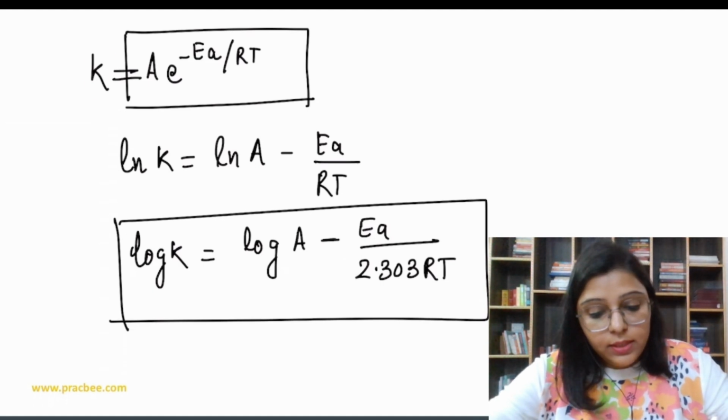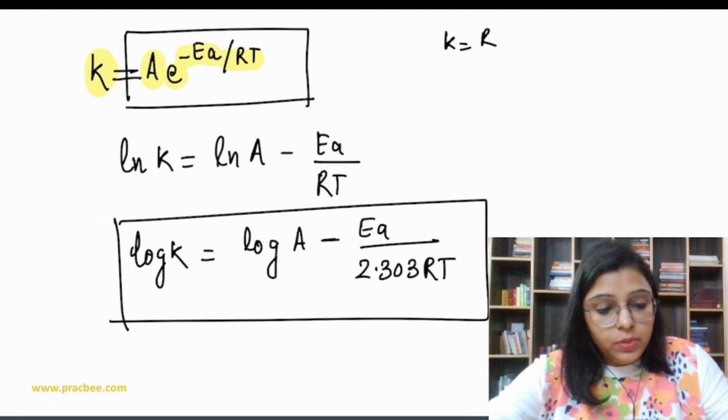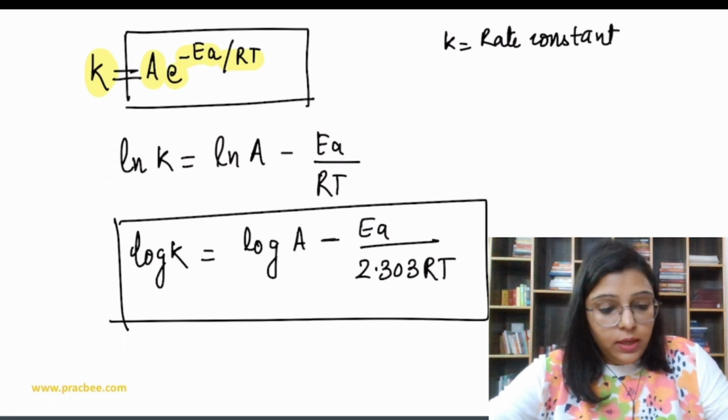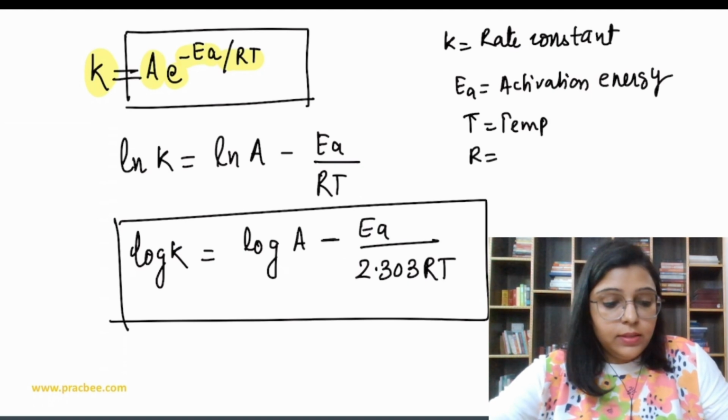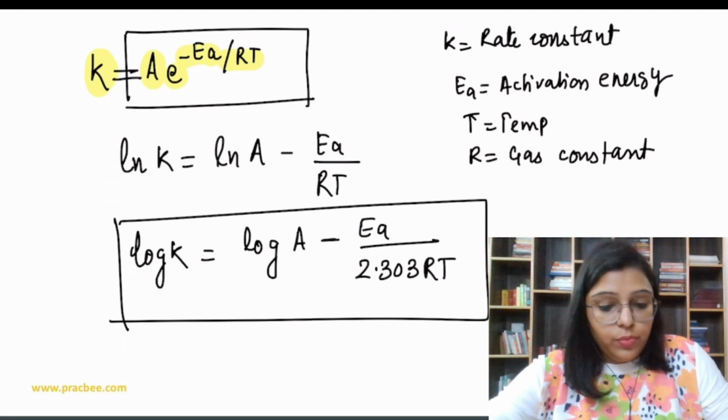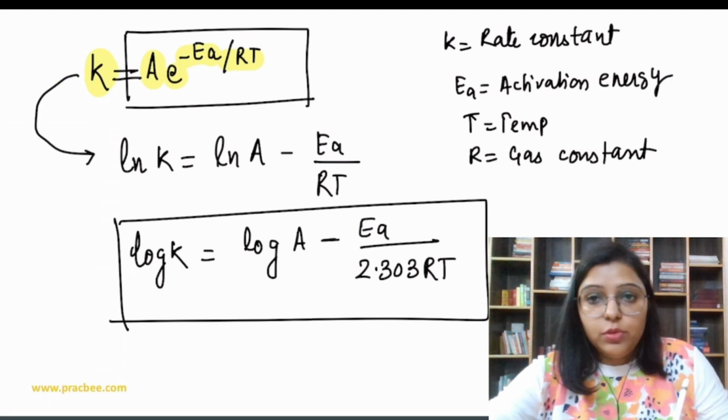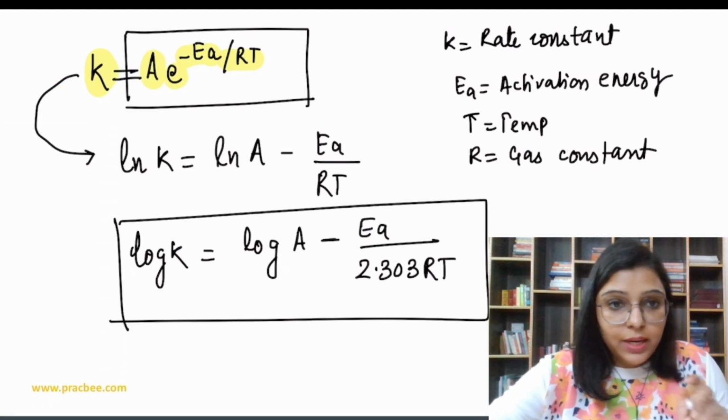The Arrhenius equation is K equals A e to the power minus Ea over RT, where K is the rate constant, Ea is the activation energy, T is the temperature, and R is the gas constant. Okay, so we can write this equation as ln K is equal to ln A minus Ea over RT.